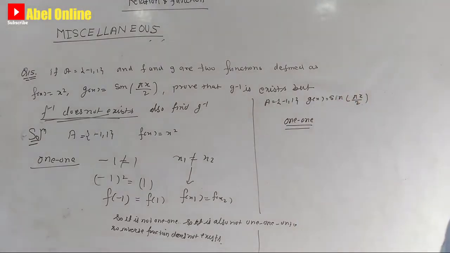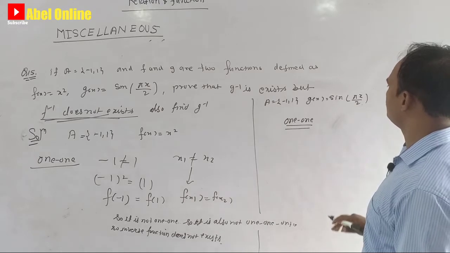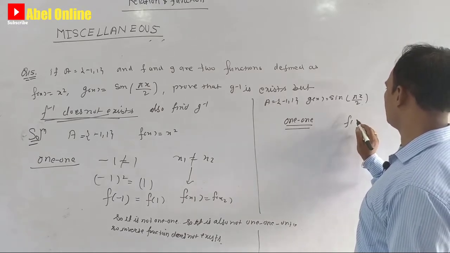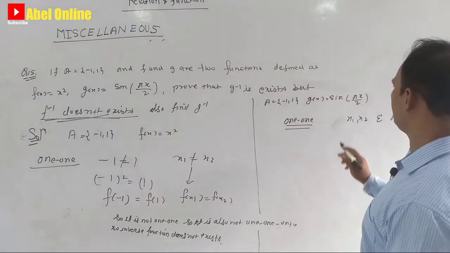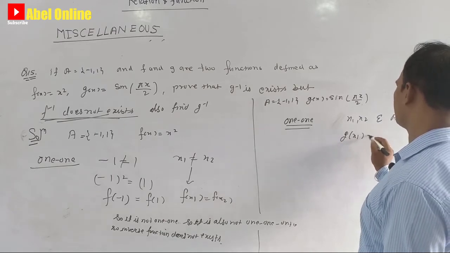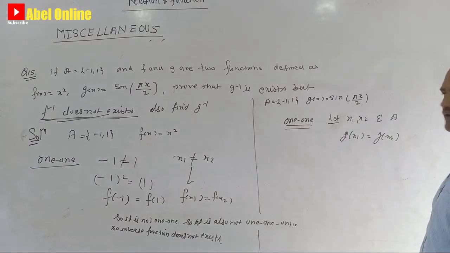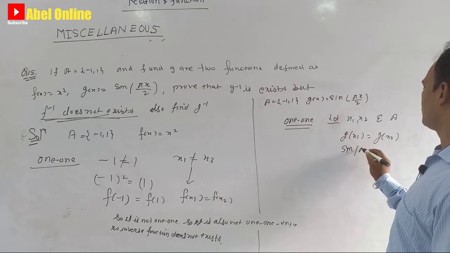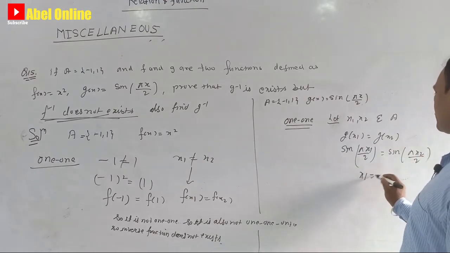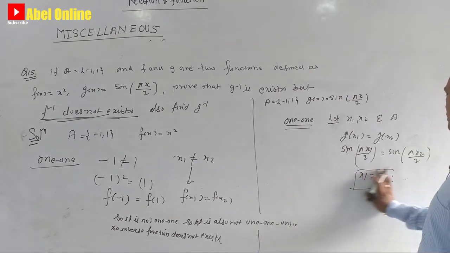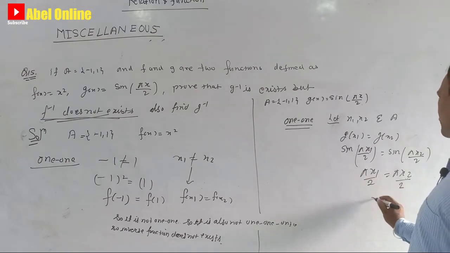To prove one-one, let x1, x2 belong to A, and let g(x1) = g(x2). So g(x1) means sin(πx1/2) = sin(πx2/2). So x1 = x2, because πx1/2 = πx2/2. The 2 is cancelled by 2, and π is cancelled by π, so x1 = x2.